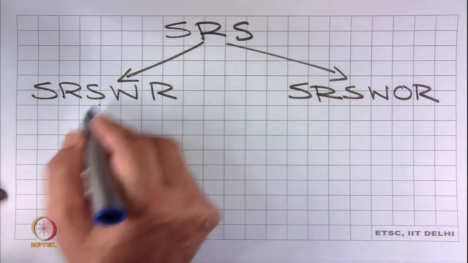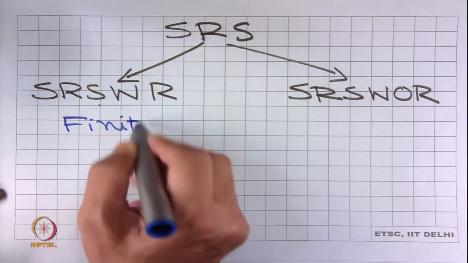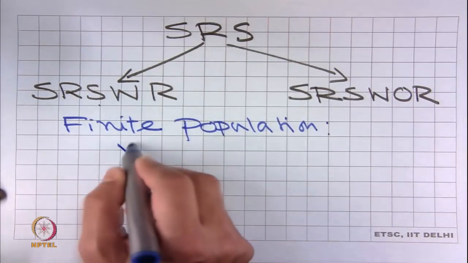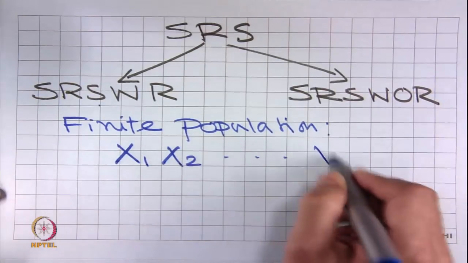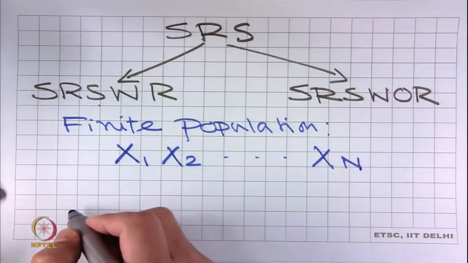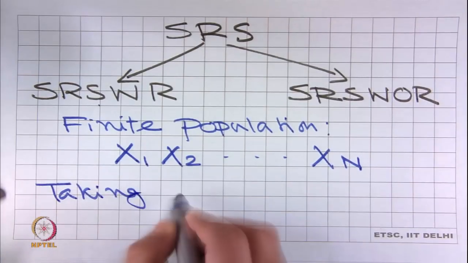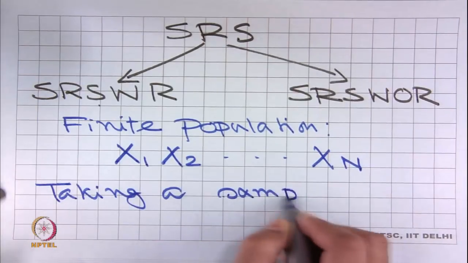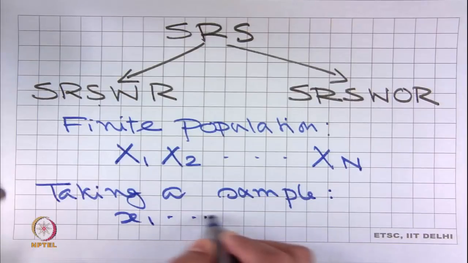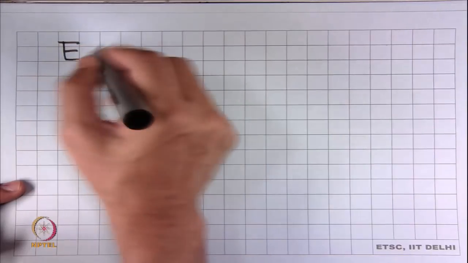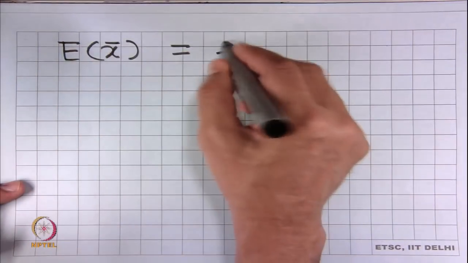What we have found is that if we take it from a finite population, let me call it x 1, x 2 up to x n, and we are talking about a small sample, each small x i is a random variable, and what we are looking at is the expected value of x bar, the sample mean.